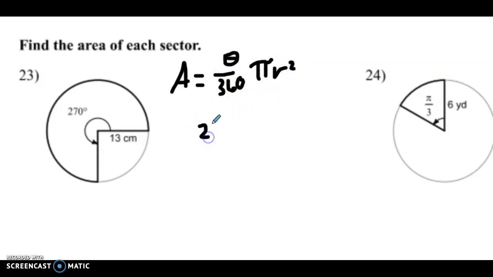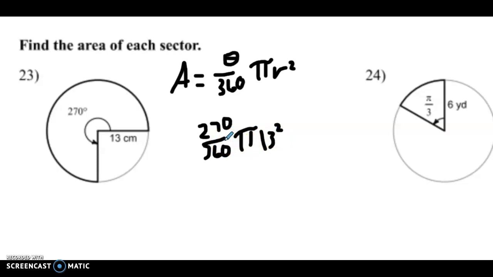So then we'd put 270 over 360 and pi times 13 squared. And then you just plug that in a calculator and find that value. Oh, no, actually, we're just going to reduce it.